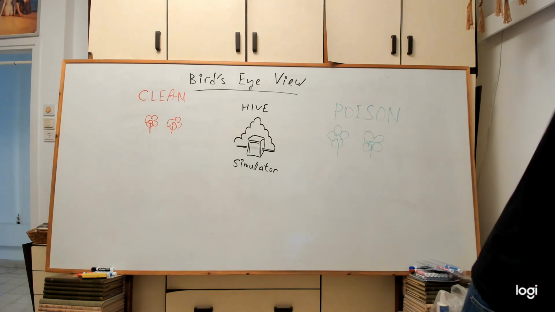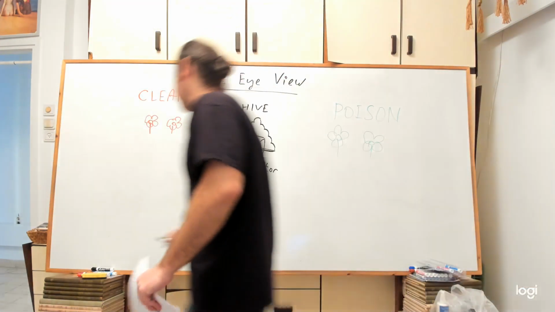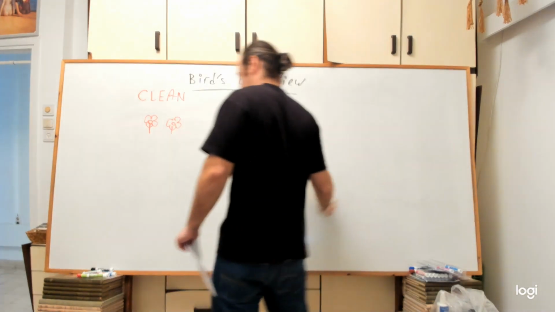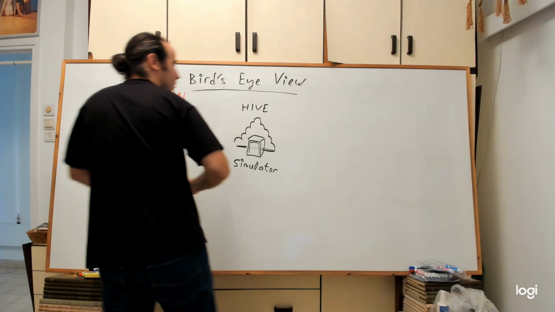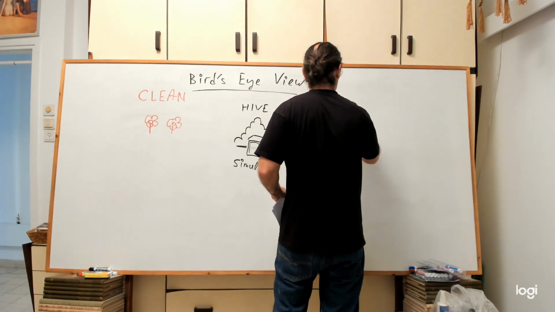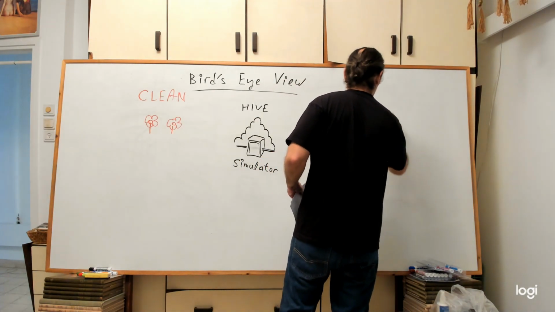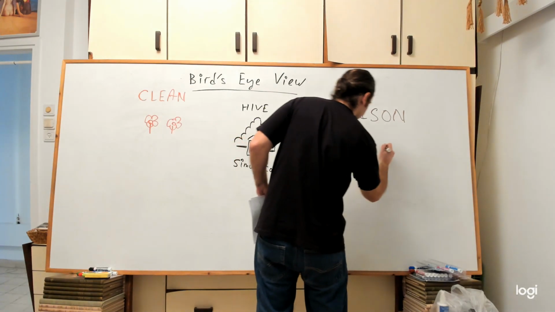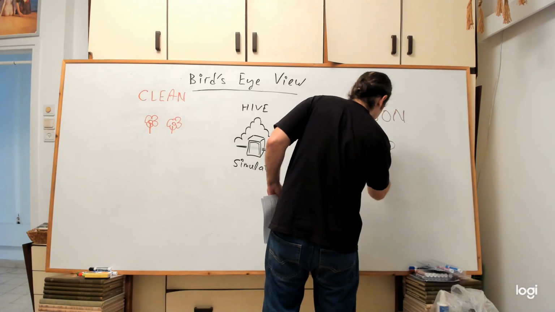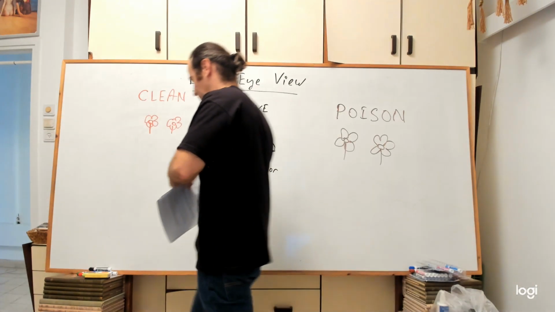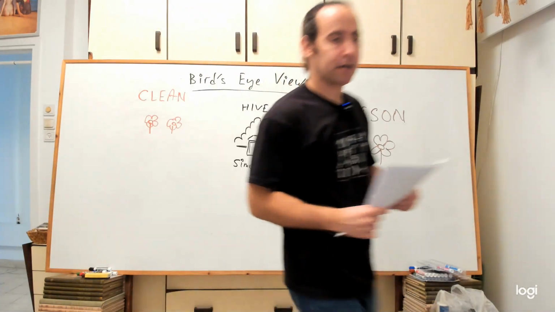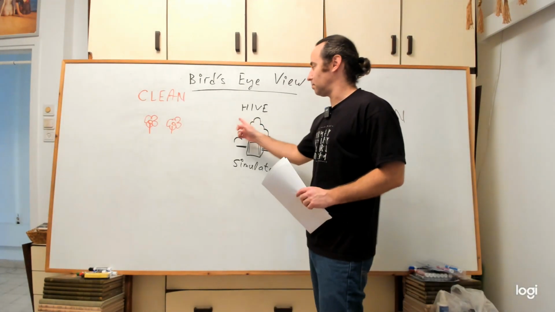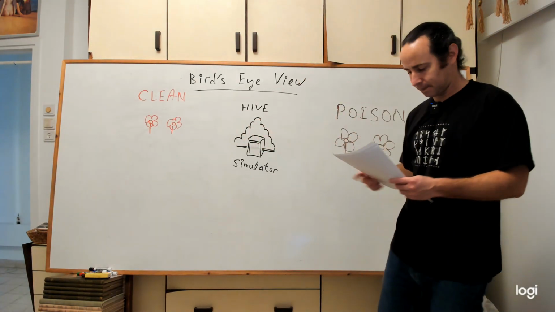No. So I'm drawing them in black, or in brown. Poison. Okay, I'm sure you can see this, just checking. Yeah. Okay, so we want the bees to go here and not to here.